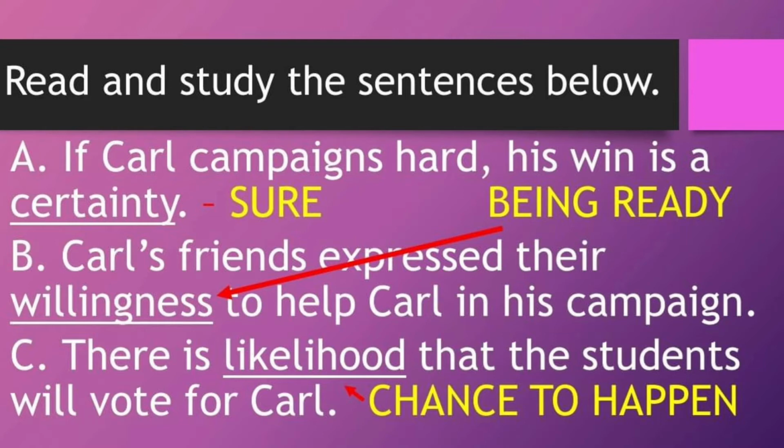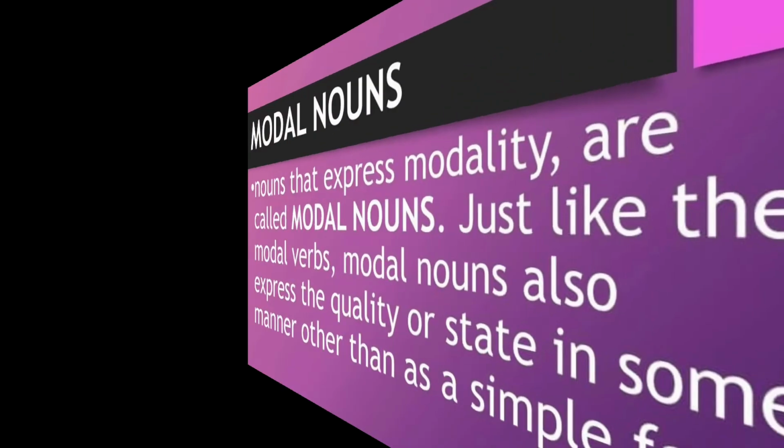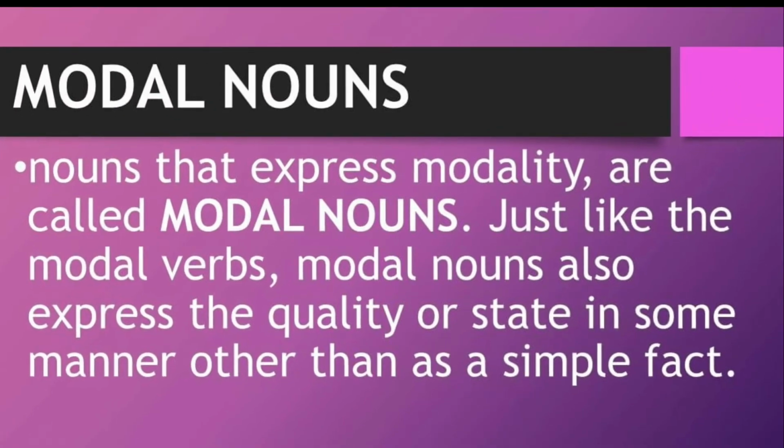These words are used as nouns that express modality, so they are called modal nouns. Just like modal verbs, modal nouns also express the quality or state in some manner other than as a simple fact.